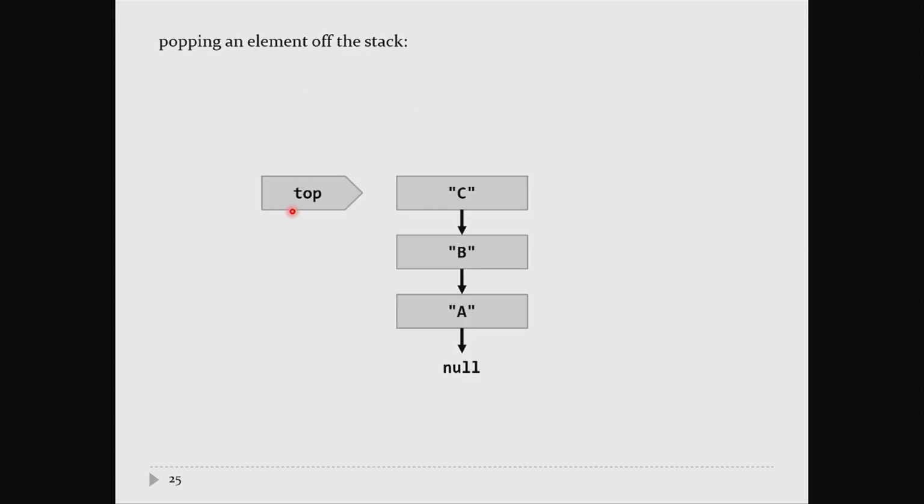Now, how do you pop an element off the stack? Well, I need to get a reference to that element because I want to return it back to the caller. So that's step 1. I'm going to make a reference to that string. So what does that mean in Java? That means I'm going to make a string variable. Sorry, I'm going to assign the element of the top node to a string variable.